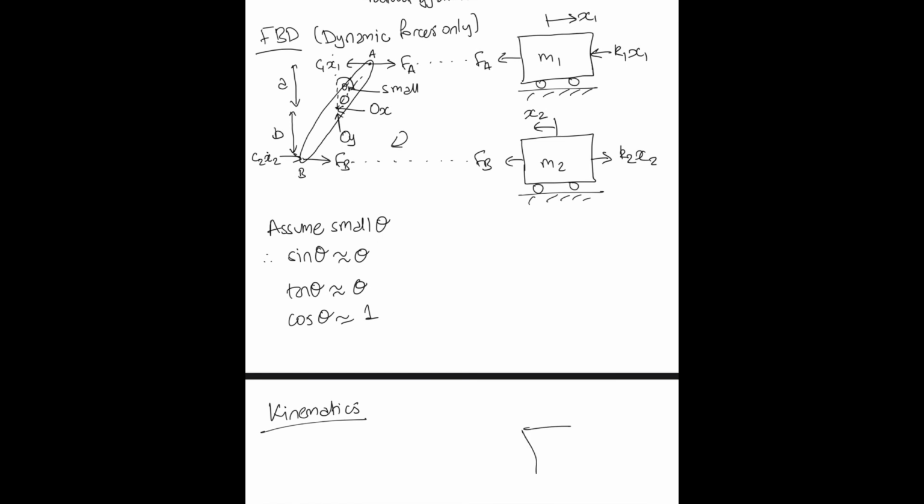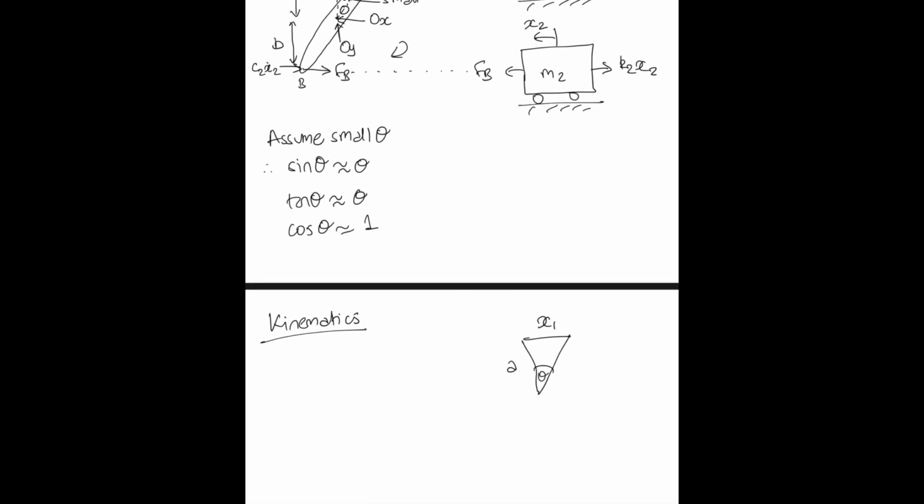Now, for kinematic equations, if we consider this link with a distance a, an angle theta, and distance x1, we know that x2 over b is going to be equal to x1 over a, which is equal to theta, because a sine theta is equal to x1, and we're already assuming that sine theta is equal to theta.